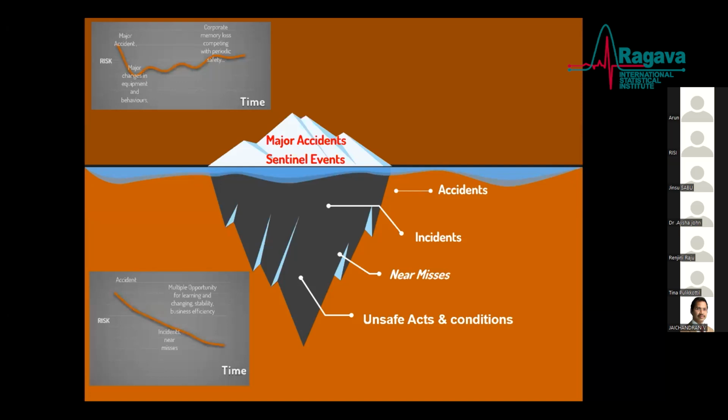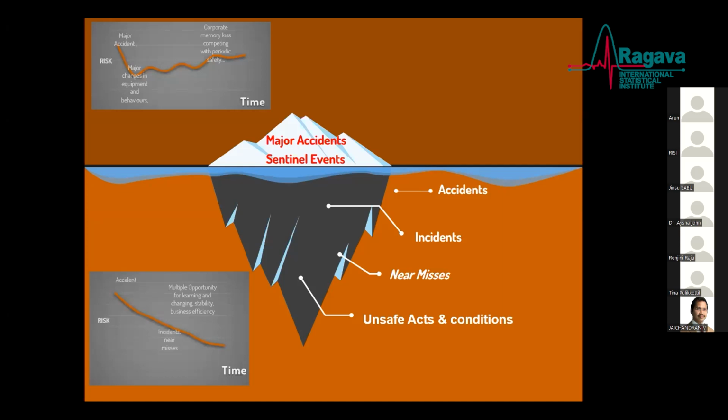This is inherently an unstable approach, which is likely to lead to overall high risks. Now, as you can see here, I have shown two graphs. The first graph shows how the risk in an organization behaves when they give time and effort to low risk incidents, and when an organization only gives time to high risk incidents.